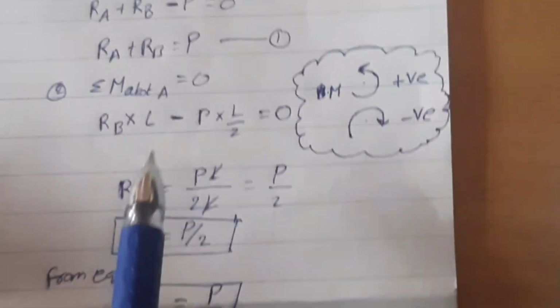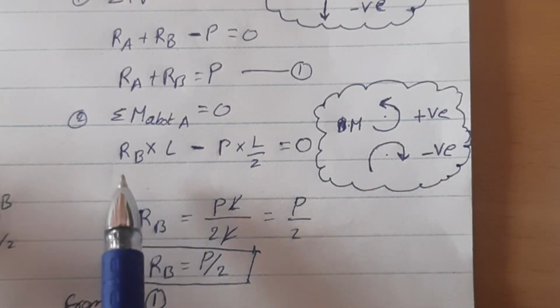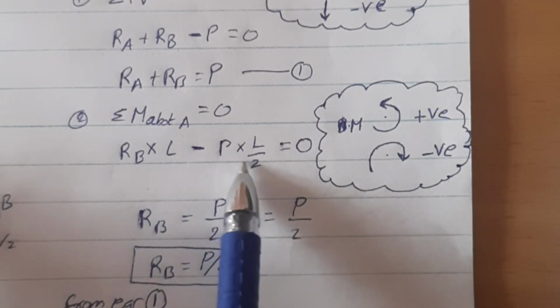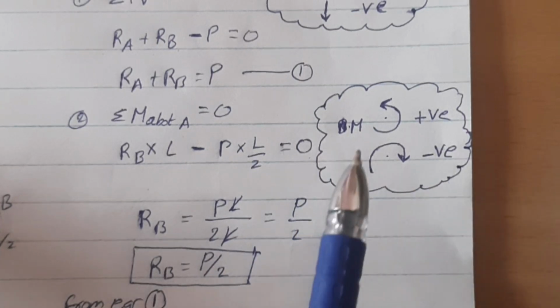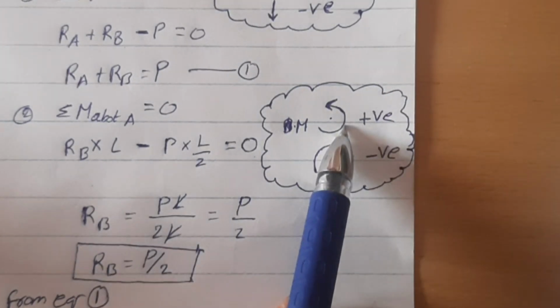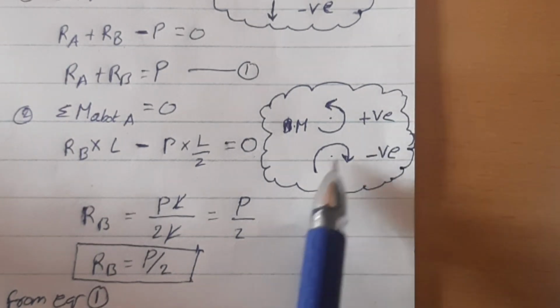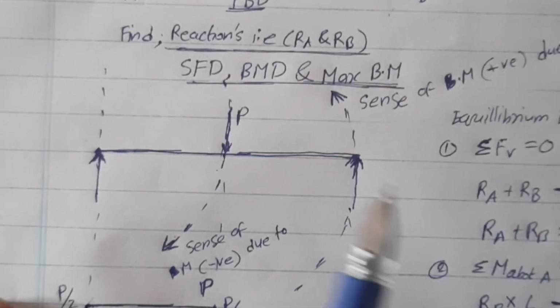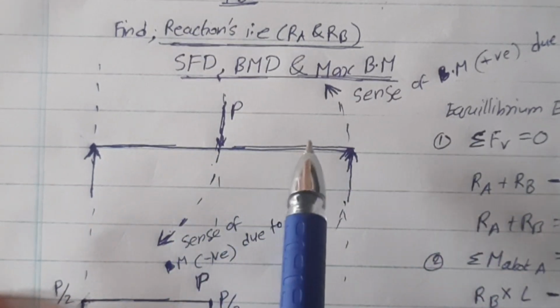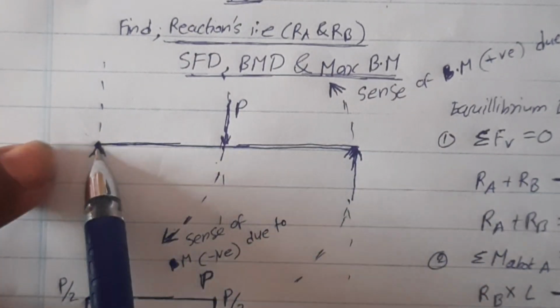Here we can see the equation Rb into L minus P into L by 2 equals 0. Here I take anti-clockwise moment as positive and clockwise moment as negative. See, here I explained how to take a moment about point A.